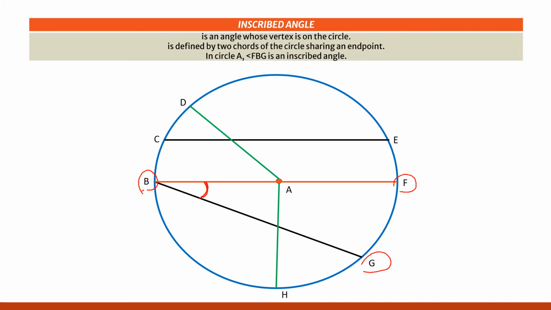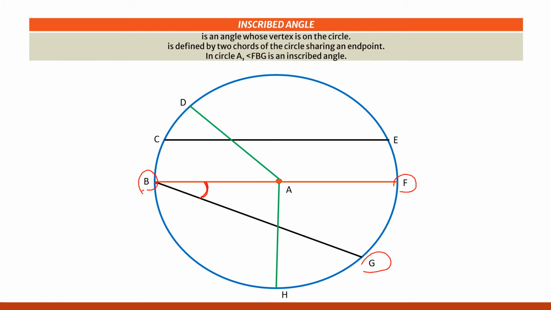Bakit? Kasi ang kanilang vertex, ito yung point B, is on the circle. Okay? It is defined by 2 chords of the circle sharing an endpoint. Ano yung 2 chords na nag-share ng endpoint? Yung chord BF, segment BF, at yung chord na BG, segment BG.